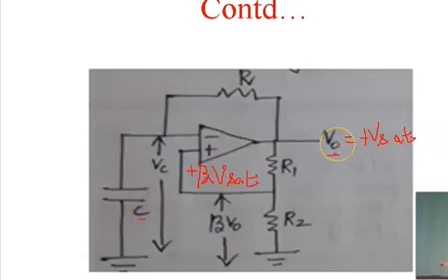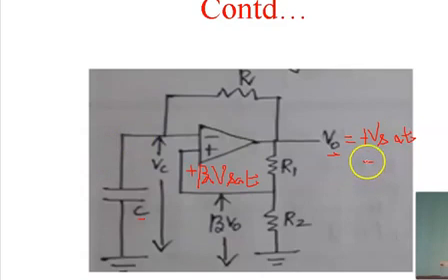If V0 is equal to plus V saturation, the voltage at the non-inverting terminal of an op-amp is plus beta into V saturation. Now at this time instant, the capacitor starts charging. Once the capacitor voltage is greater than or equal to beta V saturation, V0 becomes negative.